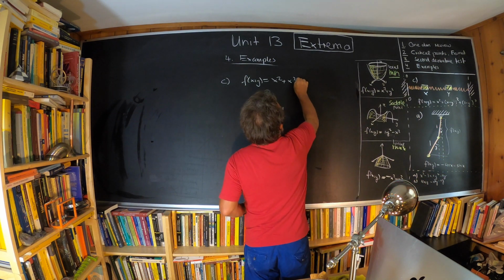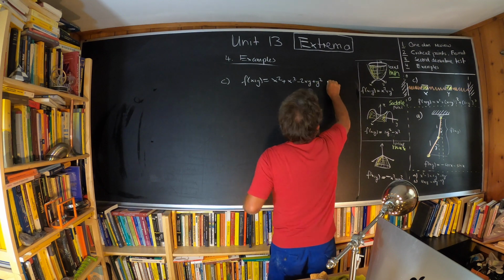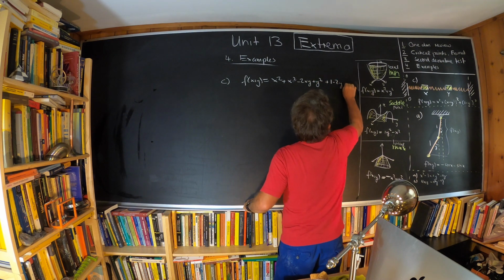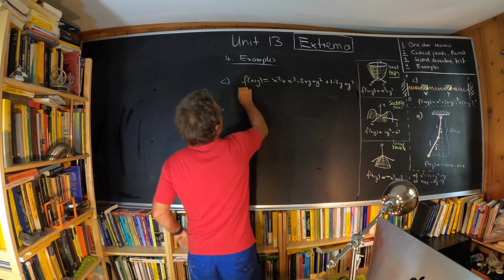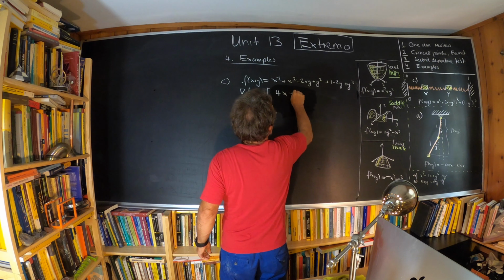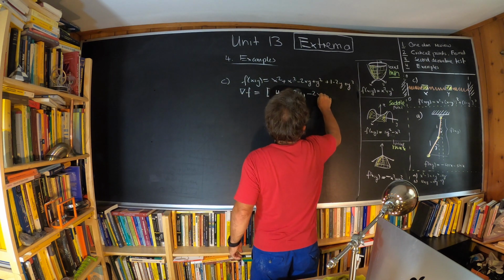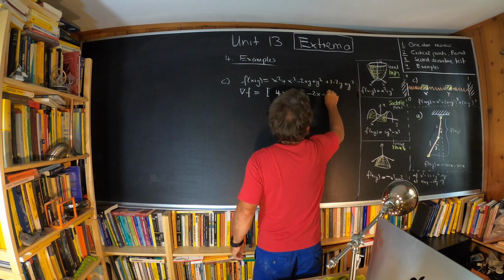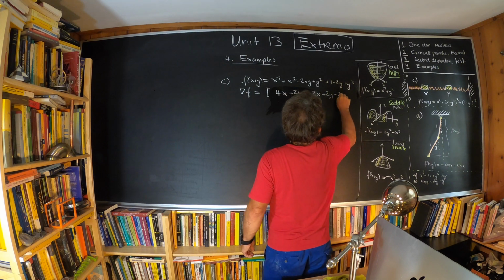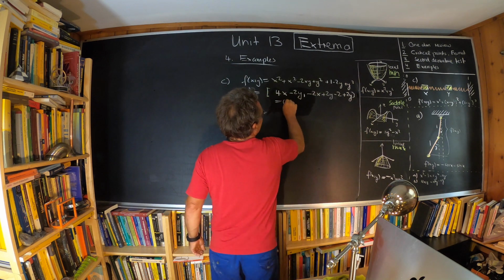So x squared minus 2xy plus y squared, and then plus 1 minus 2y plus y squared. And then we have the gradient of f. And then we get minus 2x plus 2y minus 2 plus 2y. And that has to be 0.